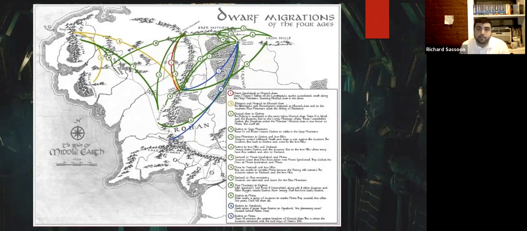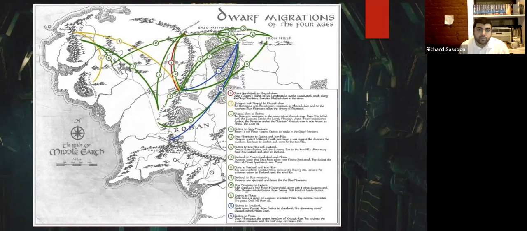So they made their way to Moria. Then from Moria, they made their way to Erebor. From Erebor to the Grey Mountains. From the Grey Mountains to Erebor and the Iron Hills. Then they were expelled from Erebor. They made their way to Dunland. You can follow all these arrows around. From Dunland, some of them made their way back to the Blue Mountains. This includes Thorin and company. They made their way from Dunland to the Blue Mountains.